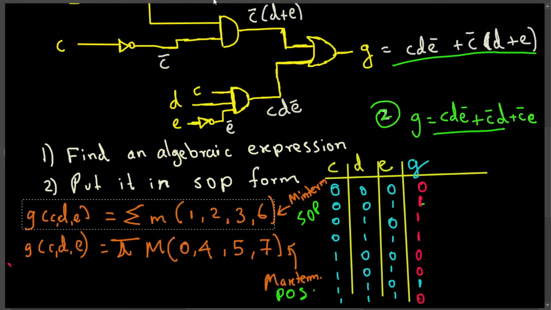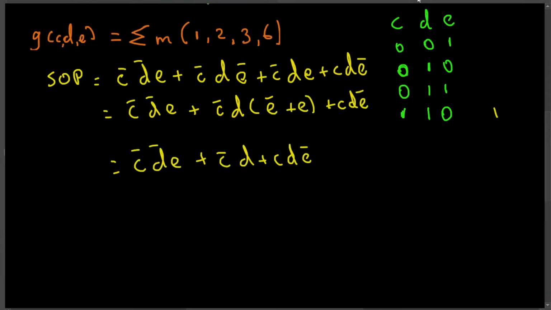Okay, I copy this one, right? 1 2 3 6. 1 is 0 0 1, that's right. And then 0 1 0, that's right. 0 1 1, that's right. And then we have 1 1 0. Yeah, that's also right. So first, to make this whole thing 1, we had to have C complement D complement E. That is right.